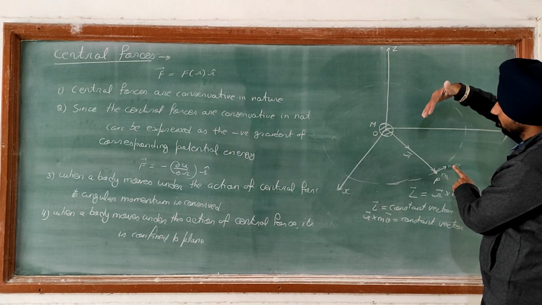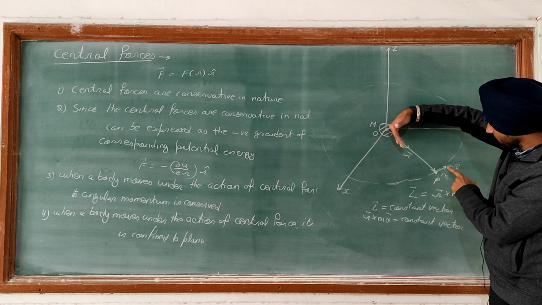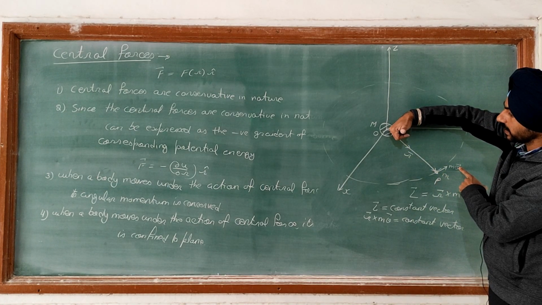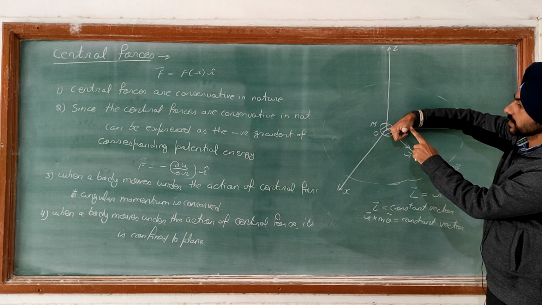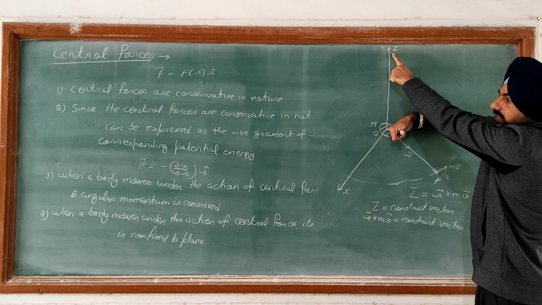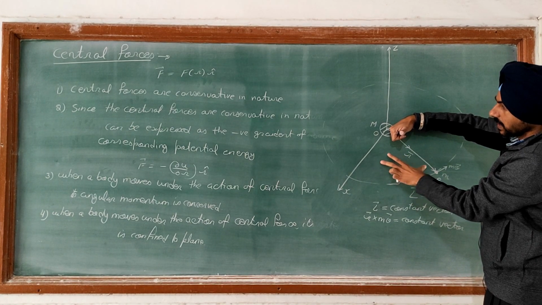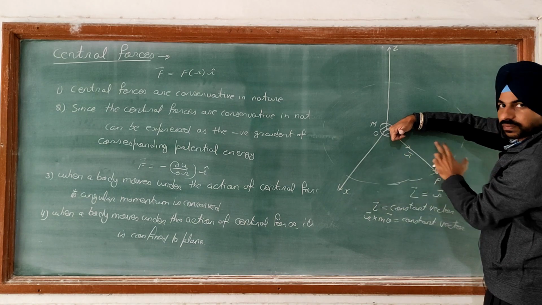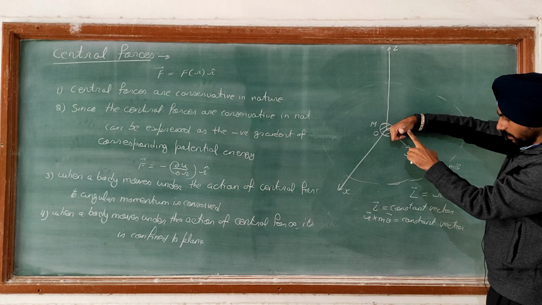I will keep my right hand like this and rotate my fingers from R to mv, and then the direction of the cross product is along this direction. This is the z-axis, perpendicular to the plane, this board. So it is perpendicular to the xy plane. That means vector L is perpendicular to the xy plane.